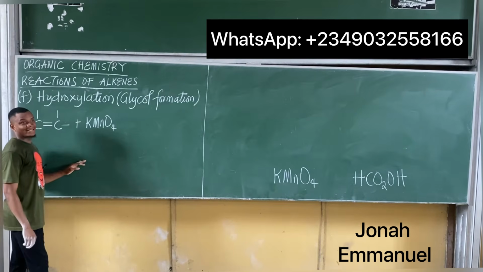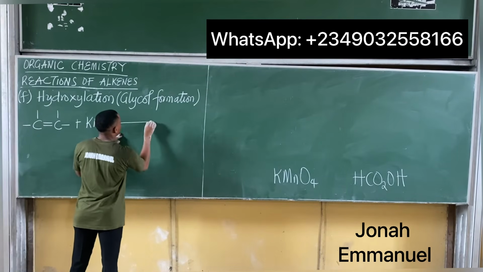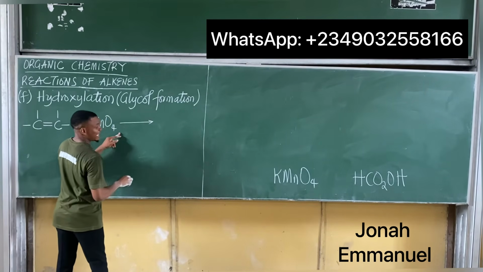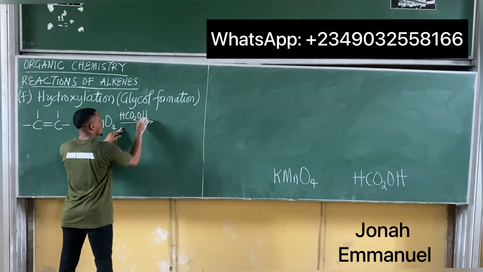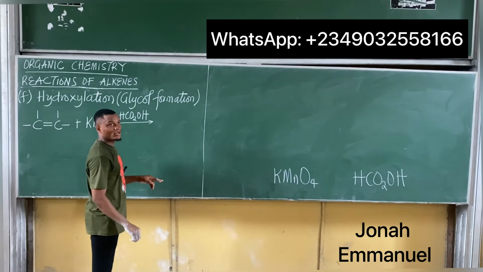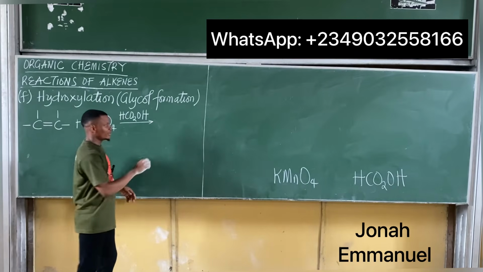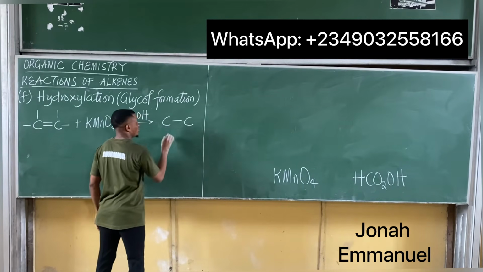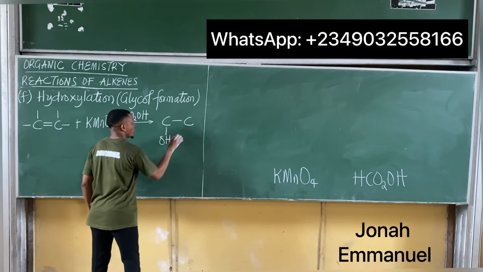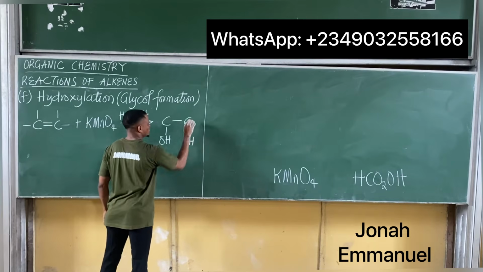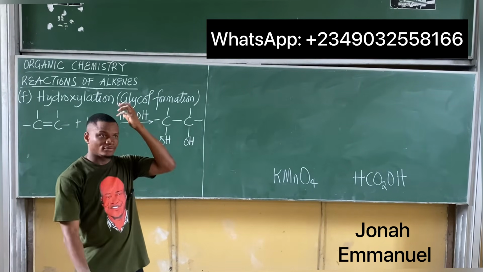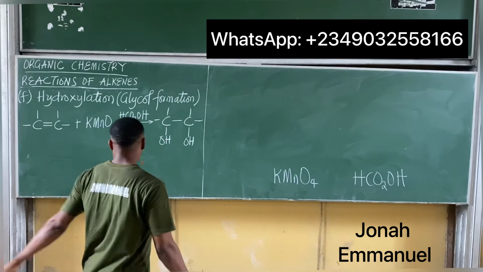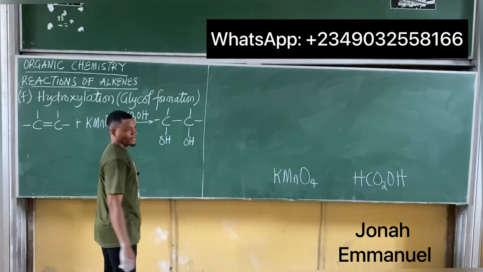KMnO4, permanganate, under the influence of HCO2OH, to give you what there? C, OH, C, OH. So if you do this, you're correct. That's it. No, stop here.